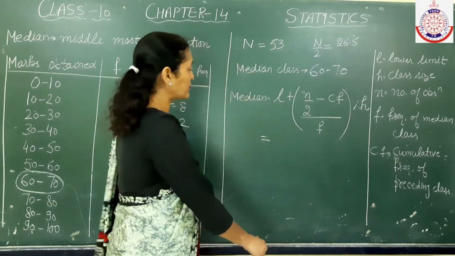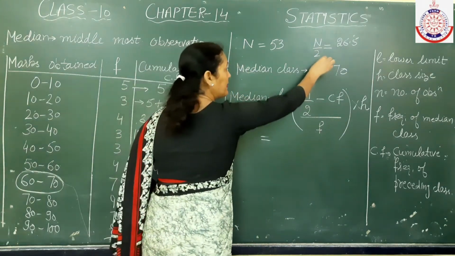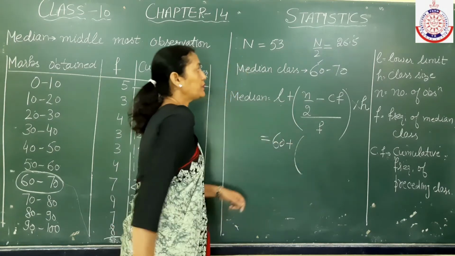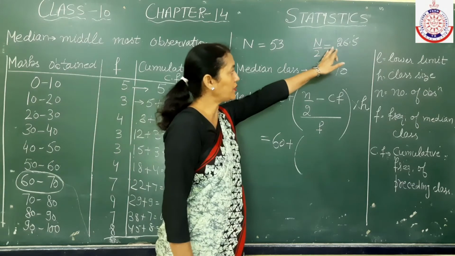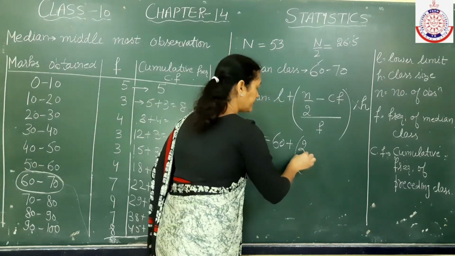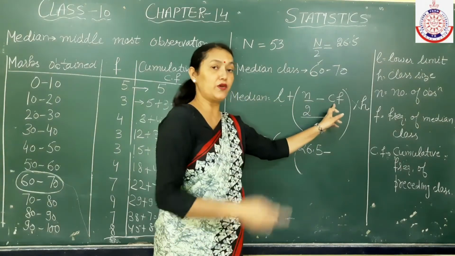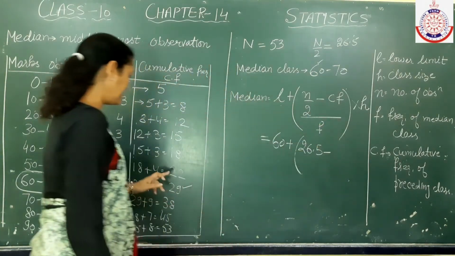Let us put the values here. Lower limit will be 60, plus N by 2, which we have calculated as 26.5, minus cumulative frequency of the preceding class.